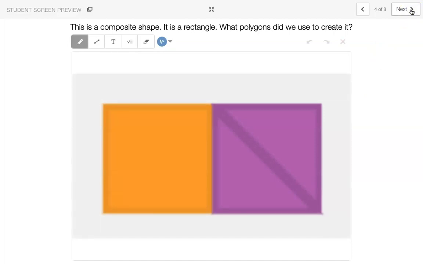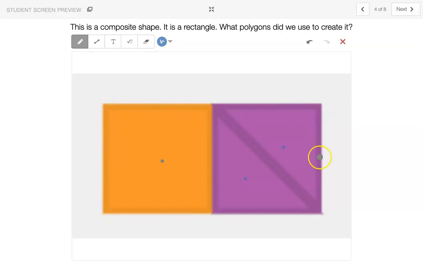So here's another example of a composite shape, and it's starting to look familiar, right? I see an orange square. I see 2 triangles, total of 3 shapes. And this is a rectangle, right? 1, 2, 3, 4 sides.